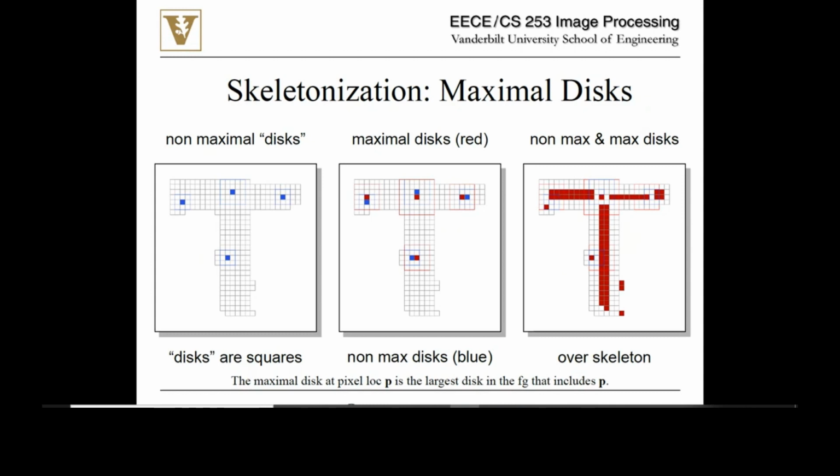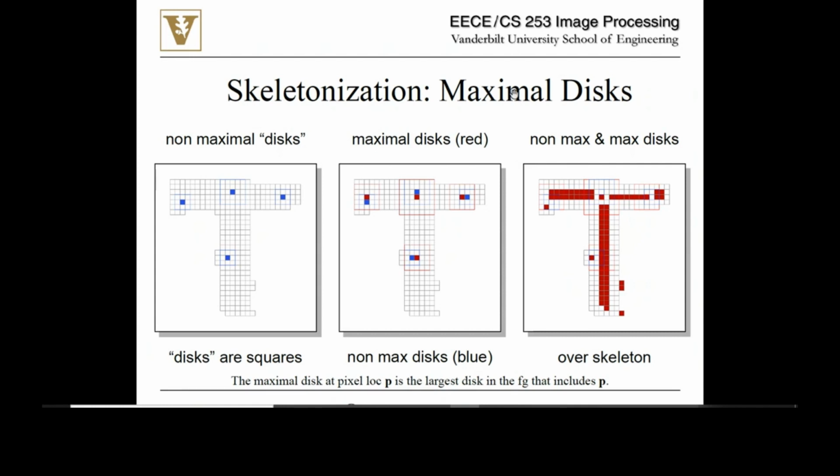And if I now find all the locations of the maximum disks, so those are these red pixels. So this is a disk of radius 0. This is a disk of radius 0. This is a disk of radius 1. This is a disk of radius 1. This is a disk of radius 2, and so on.